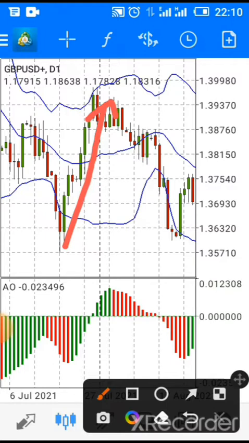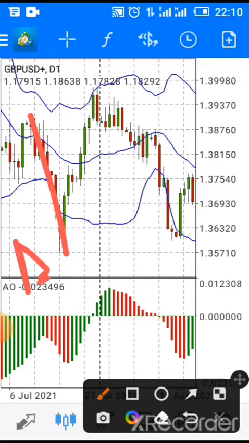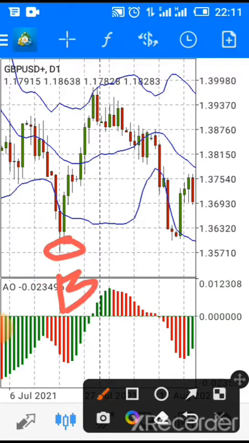Now base is a point of intersection, a point where there is a change either from rally to drop. So clearly you would observe that here we have a drop, denoted by letter D, and here we have a rally denoted by letter R, while this point here is the base.